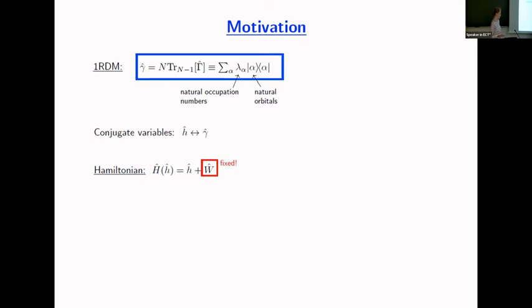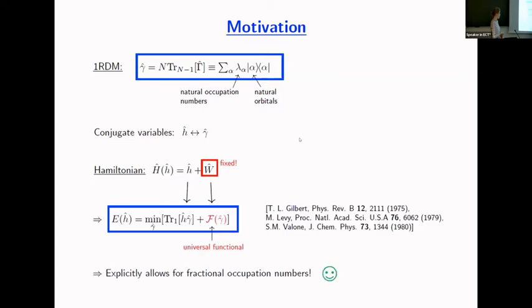And now the idea in RDMFT is that you want to put a lot of effort into the second term involving the interaction, and then solve the ground state problem for this entire class of one particle Hamiltonians simultaneously. And this method was formulated in three different ways by Gilbert, Levy, and Valone, in this chronological order, but they always have the same thing in common.